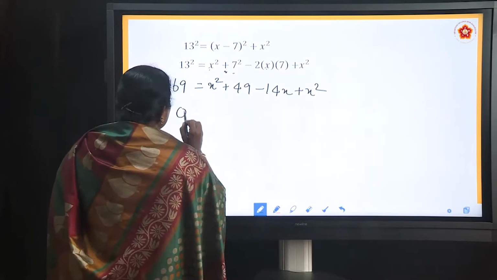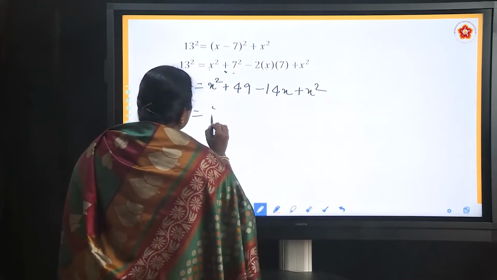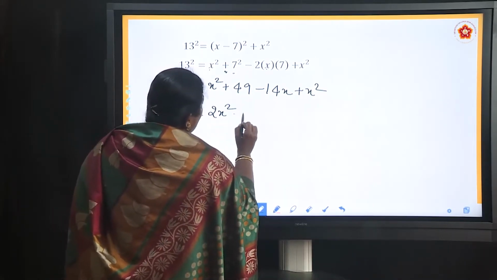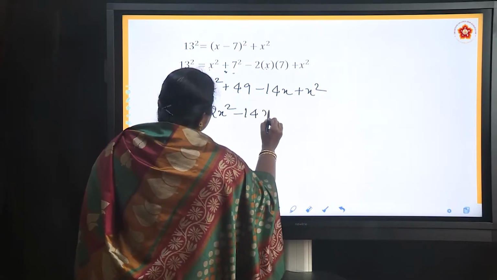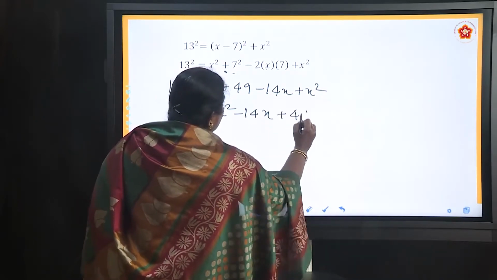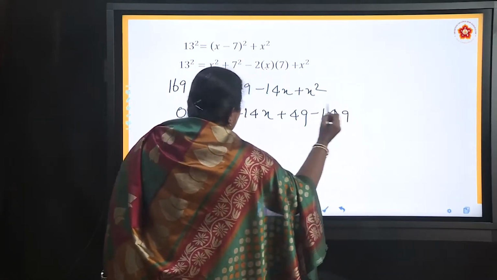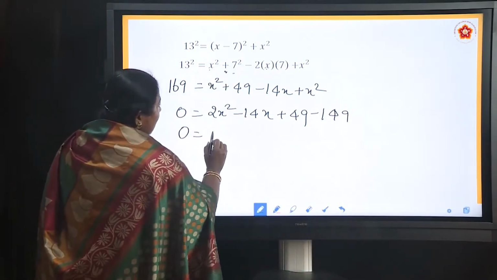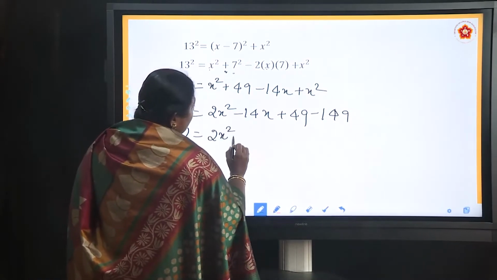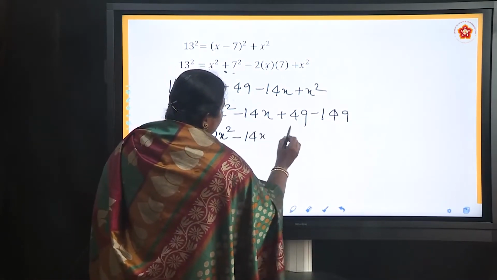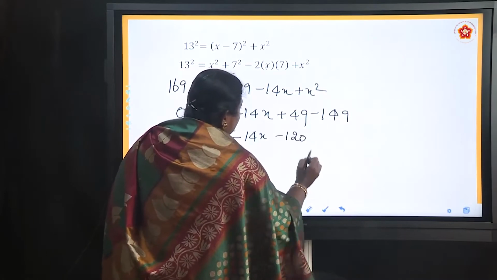So what will you get? 0 is equal to x square plus x square, 2x square, minus 14x plus 49. If 169 comes this side, it becomes minus 169. So by simplification I will get 2x square minus 14x minus 120.